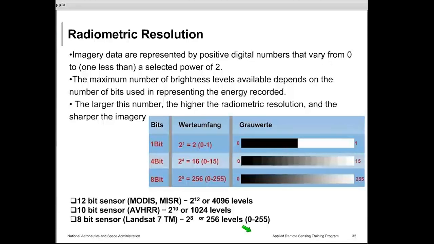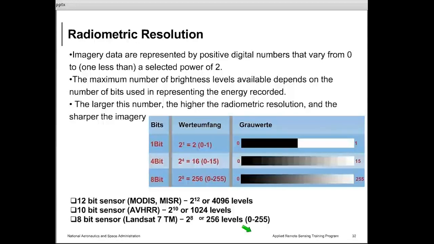Whenever the satellite makes a measurement, it records the energy in terms of voltage and digital numbers. Depending on the technology used or the space available for storing data on the satellite, you can assign a certain number of bits to each measurement.